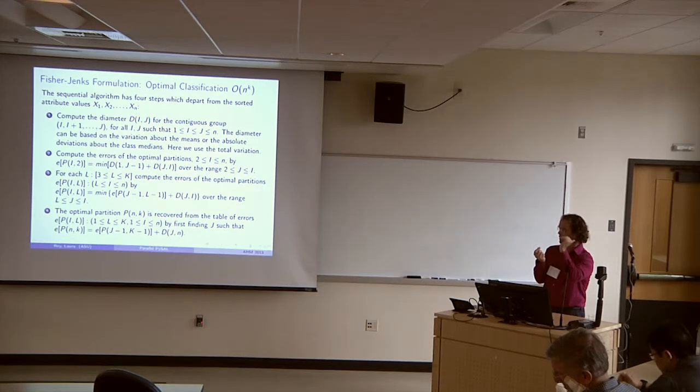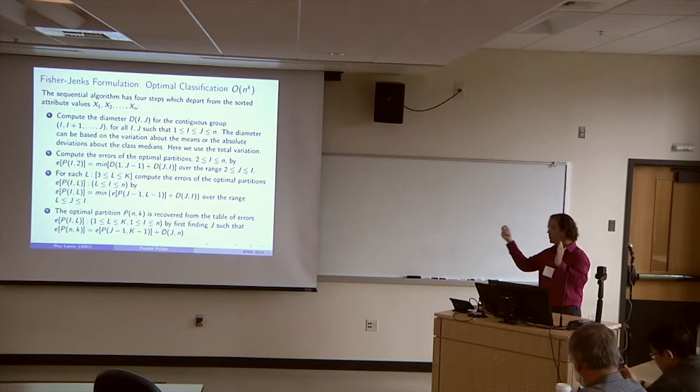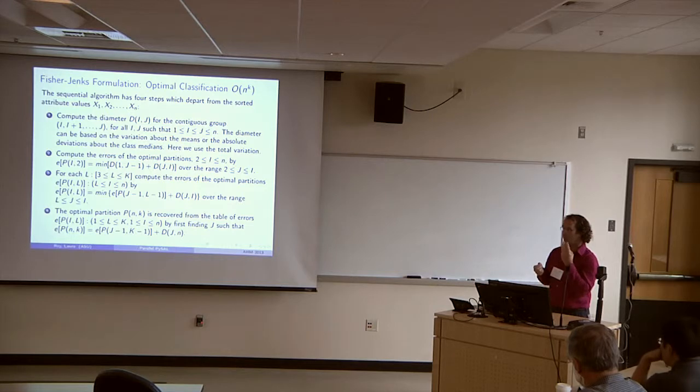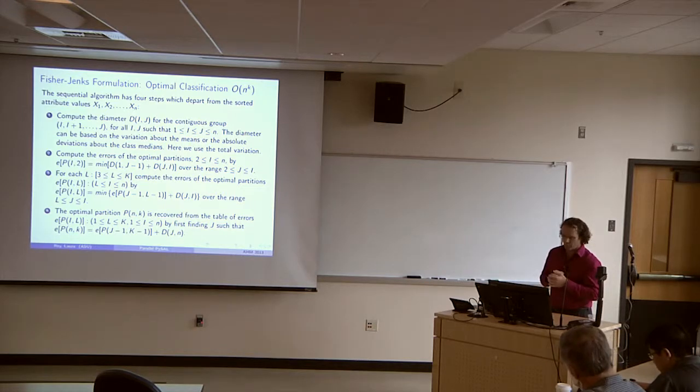Let's say row 2 is for a 2 partition of the data, beginning with the first observation out to, say, the 10th observation or the 100th observation. And then the third row does the same thing, but for optimal partitions into 3 out to the column. And that is more challenging to compute. There's more compute intensity there.